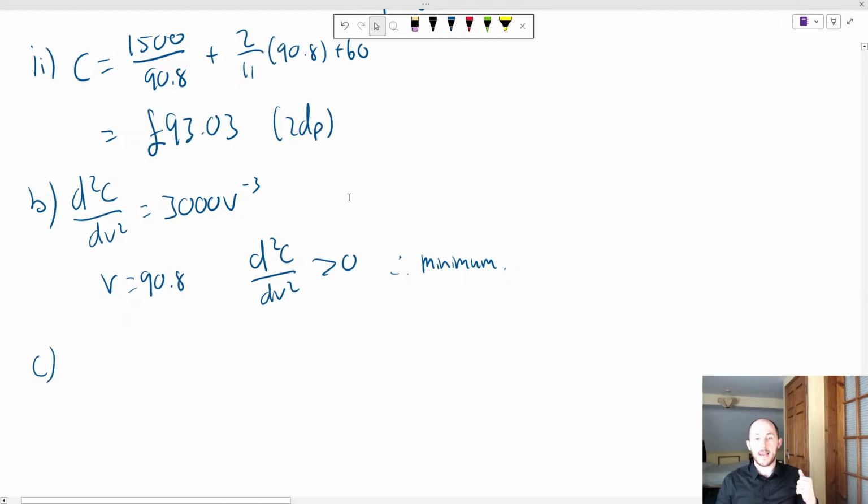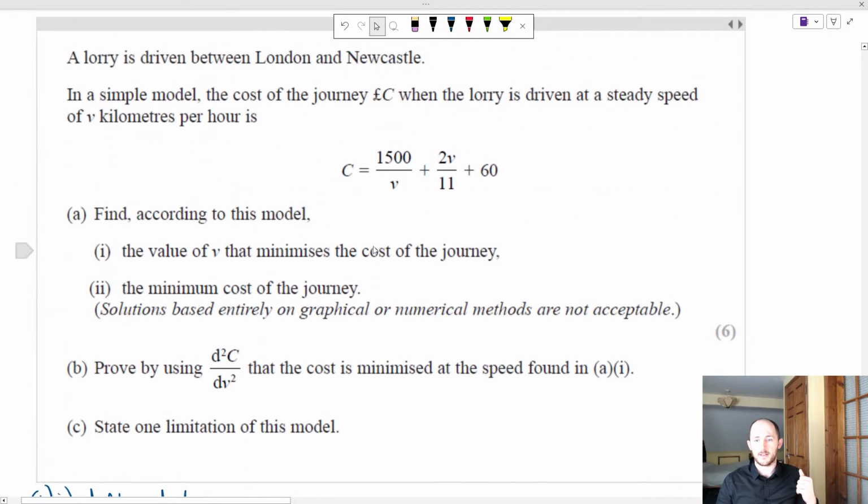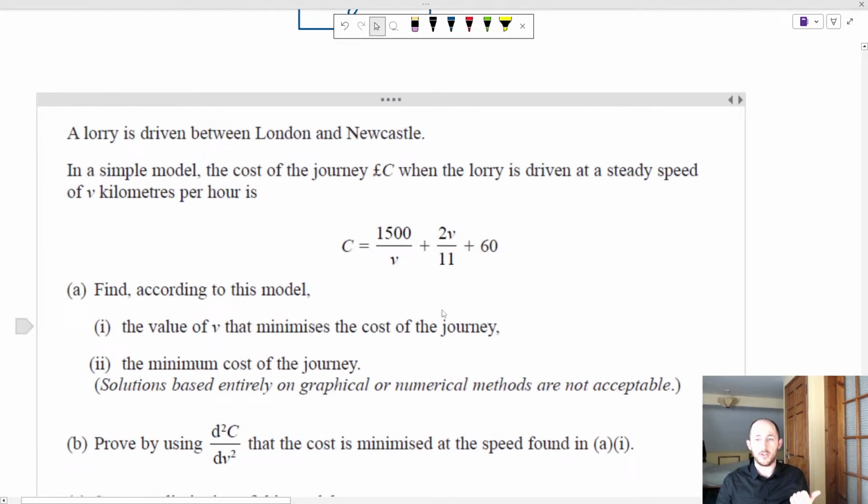What about the limitation of this journey? There are many limitations that you can think of. And again, many limitations. The one that's quite glaring to me is v is constant. Does that make sense?